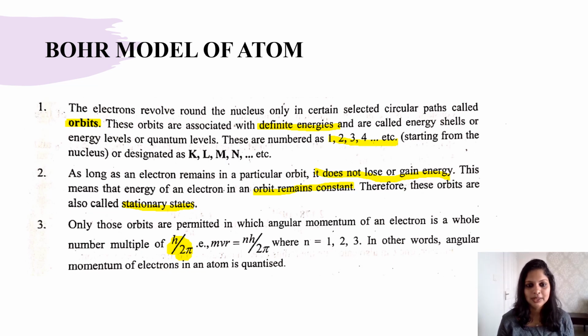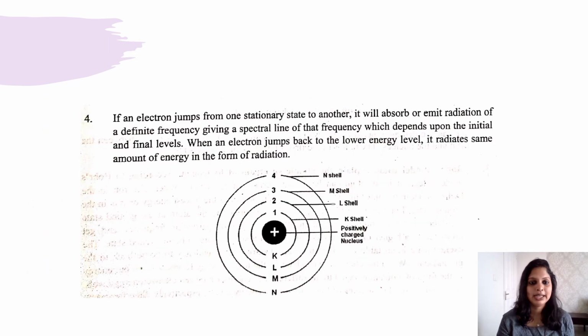You can also say mvr, that the momentum is nh by 2 pi, where n can be 1, 2 or 3. So the whole number multiple of h by 2 pi is required for an electron revolving around the nucleus. So we can also say that the angular momentum of an electron in an atom should always be quantized. That is very important.